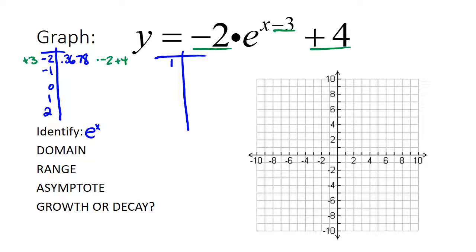Oops, and I think I typed in the wrong value, so let's take a look here. This should actually be, let me try that again, e to the -2 gives you 0.1353. Keep that decimal in your calculator, times by -2, add 4.